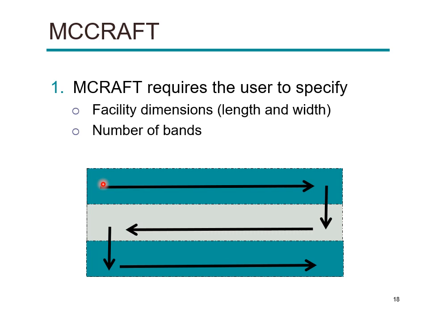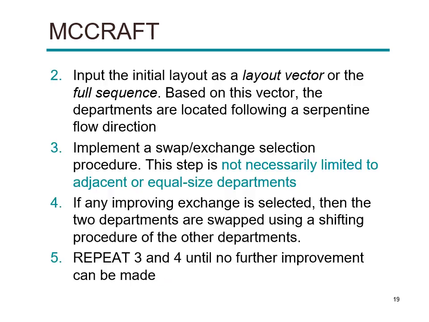You start placing the departments in the top band, then you move to the bottom one, and then you move to the last one. Okay, so the first step of the MCCraft algorithm is to obtain the length and width of the layout and the number of bands.